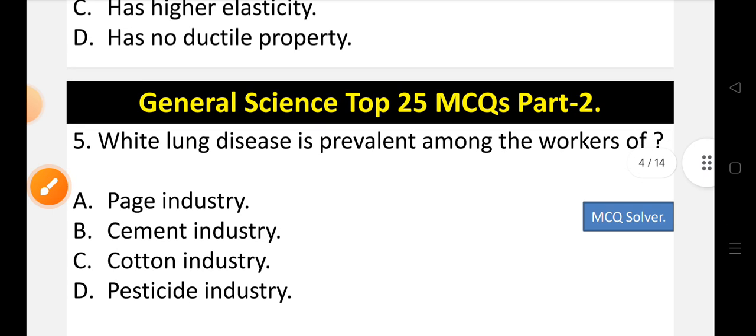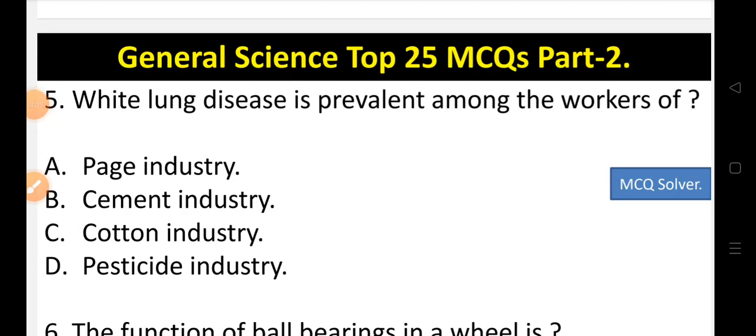Now let's move to question number 5. White lung disease is prevalent among the workers of, the options. Options are option A page industry, option B cement industry, option C cotton industry, or option D pesticide industry.